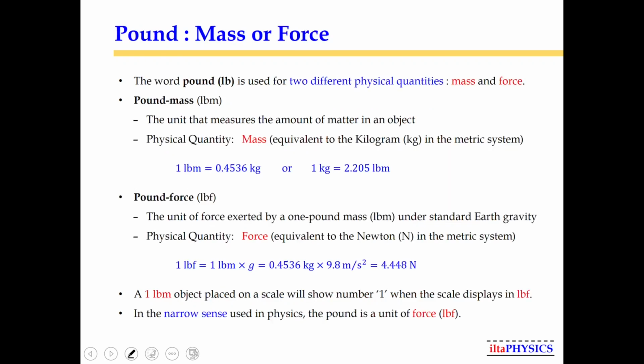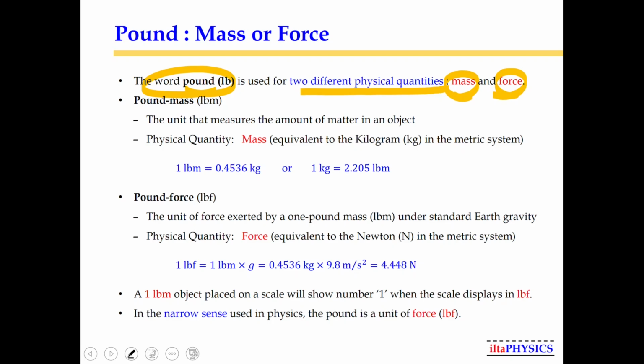Now finally, let's take a look at the pound, a unit we commonly use for weight in everyday life, from a physics perspective. It's similar to what we learned today about the relationship between mass and weight. The pound that we use in everyday life is actually a unit that can represent both mass and force, that is, weight.